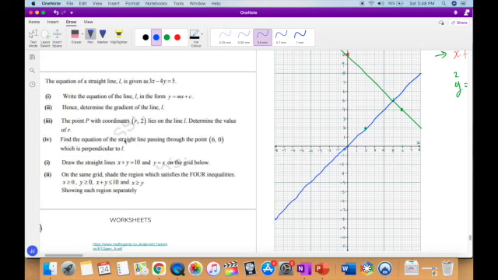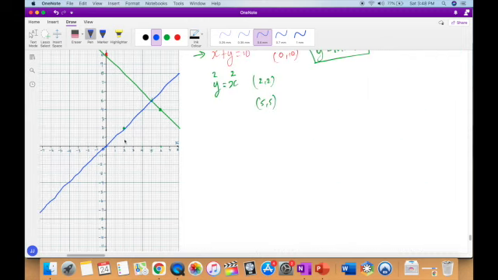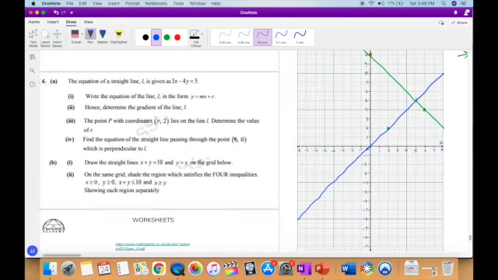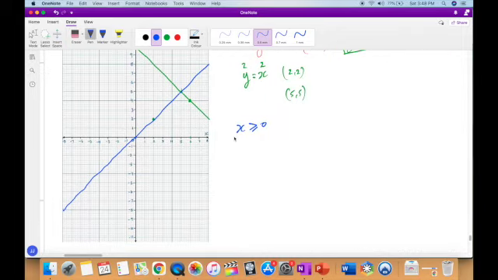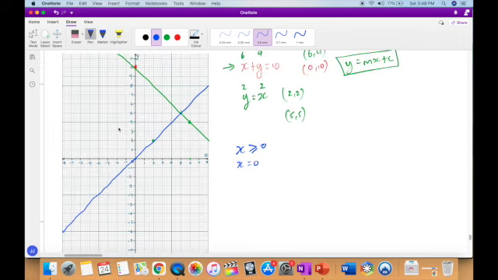So on the grid, shade the region which satisfies the four inequalities. The first inequality is x is greater than or equal to 0. They have or equal to on all of them. So this is the line x is equal to 0. The line x is equal to 0 is actually the y-axis, so that's this line here.